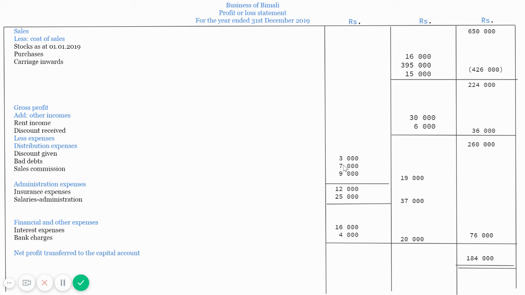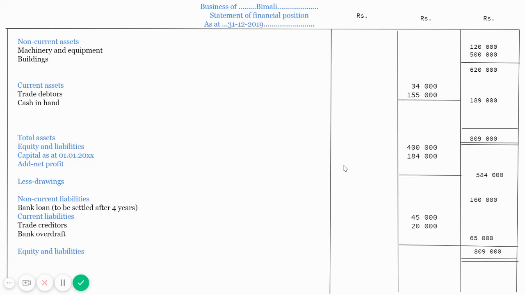Then machinery and equipment and buildings were given. Those are non-current assets. They must be listed under non-current assets, and they must be listed in the third column like this. Third column. Machinery and equipment 120,000. Buildings 500,000.